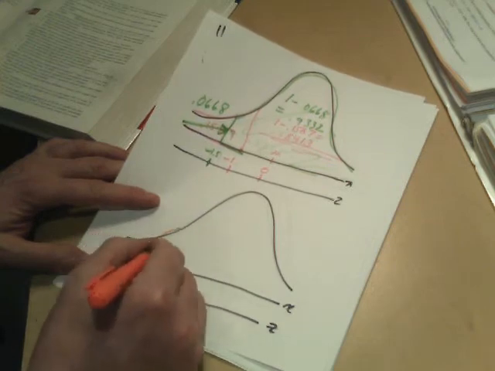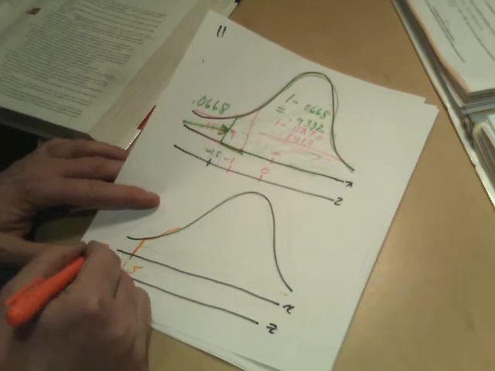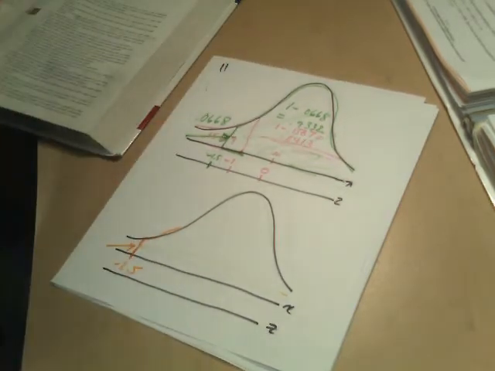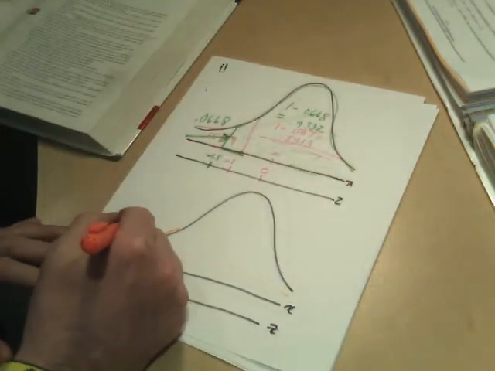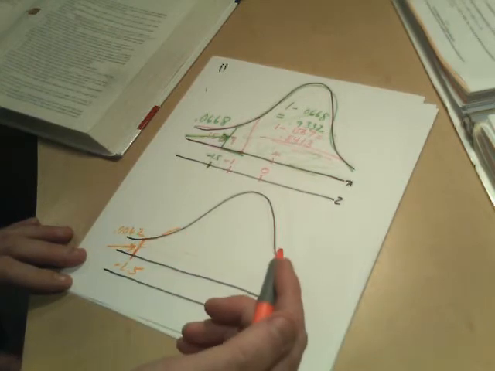So again, we want to know this area. We find the area from the left margin to that point at -2.50. First column there is 0.0062. Everything else, 1 minus that.